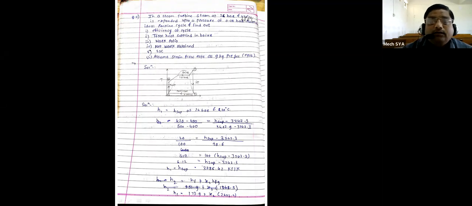Can you solve it? Boiler supplies steam, assume steam flow rate as 9 kg per second. All the data is there.